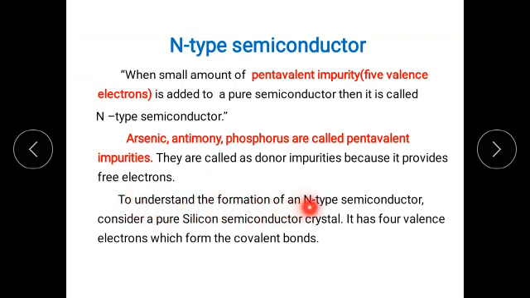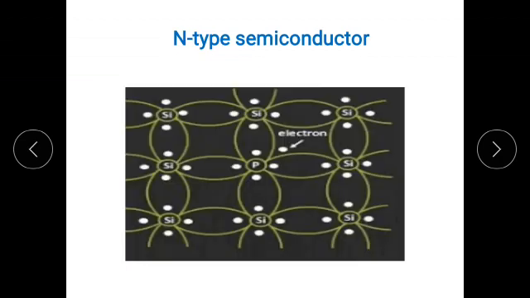To understand the formation of N-type semiconductor, we consider a pure silicon or pure germanium semiconductor crystal, which has 4 valence electrons and forms covalent bonds. See here, this is the diagram for N-type semiconductor.